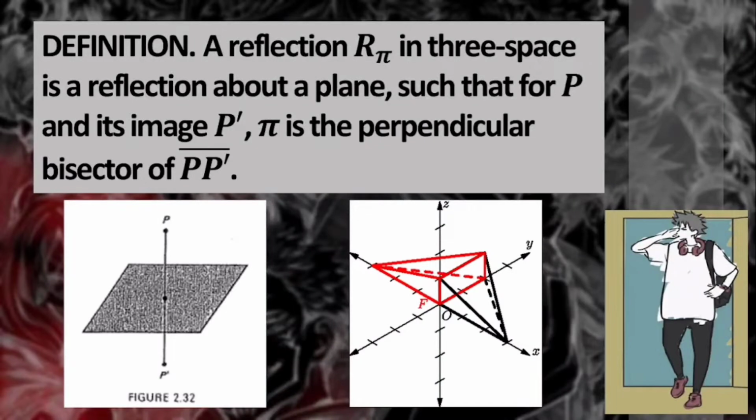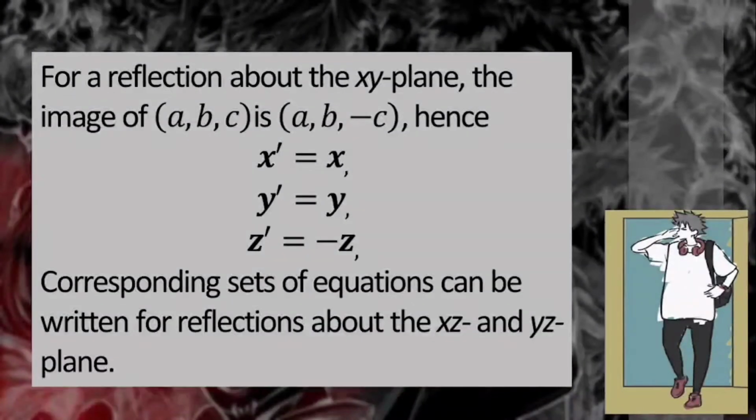As you can see in figure 2.32, this is a reflection in 3 space. For reflection about the xy plane, the image of ABC is AB negative C, hence x prime is equal to x, y prime is equal to y, and z prime is equal to negative c.